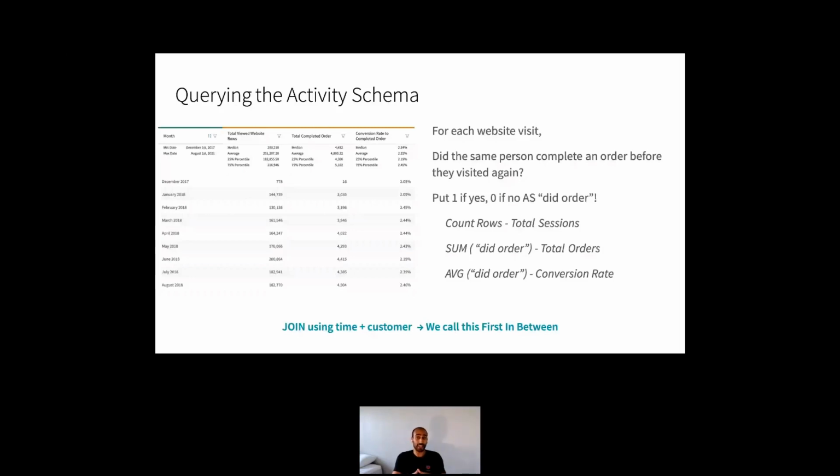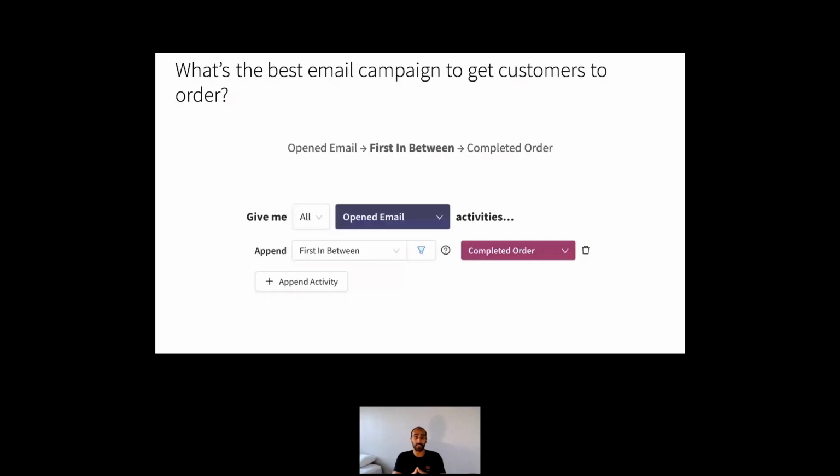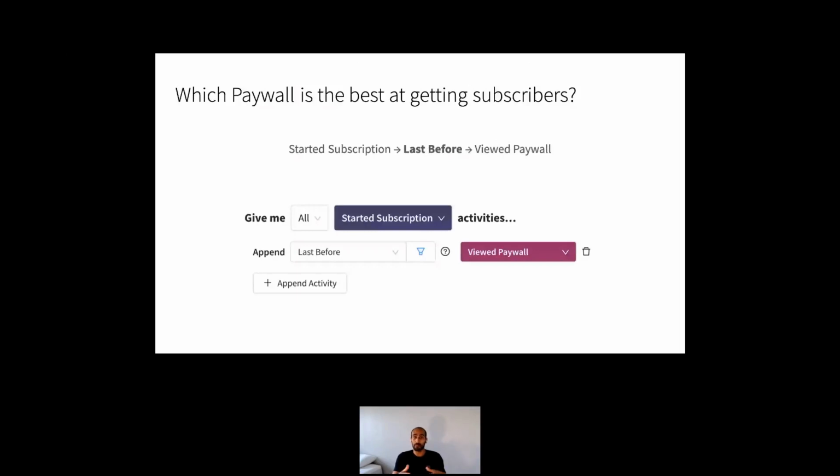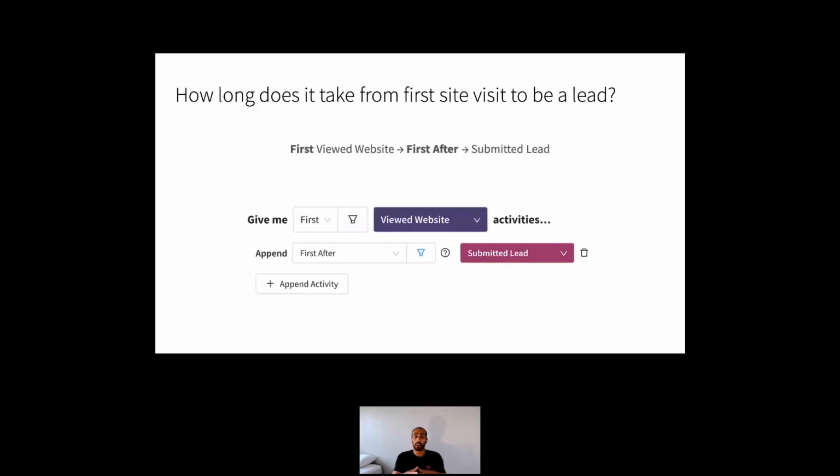And it turns out you can answer so many different questions by using this kind of approach. If you want to know the best email campaign to get your customers to order, you can just look at every opened email, first between, completed order. If you want to know the best paywall for getting subscribers, all you have to do is start a subscription, get the last before viewed paywall. If you want to know how long it takes someone from visiting your site for the first time to becoming a lead, it's going to be first viewed website to first after submitted lead.